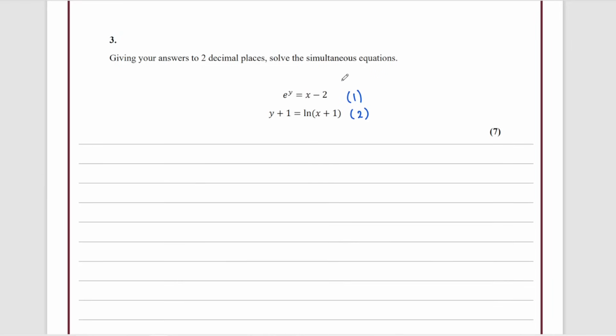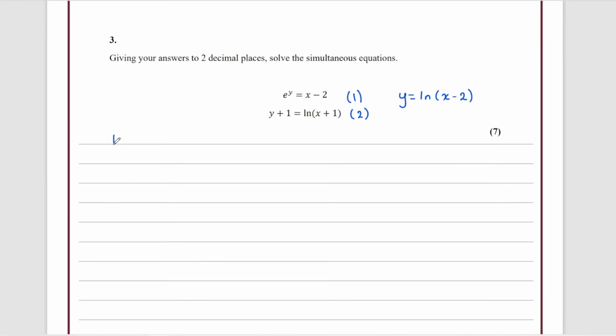So let's rearrange equation 1 then, like we said. So to make y the subject here, I need to take the natural logarithm of both sides. So if we do that, we get y equals the natural logarithm of x minus 2. Like so. Then, like we said, we can now substitute this here into equation 2.